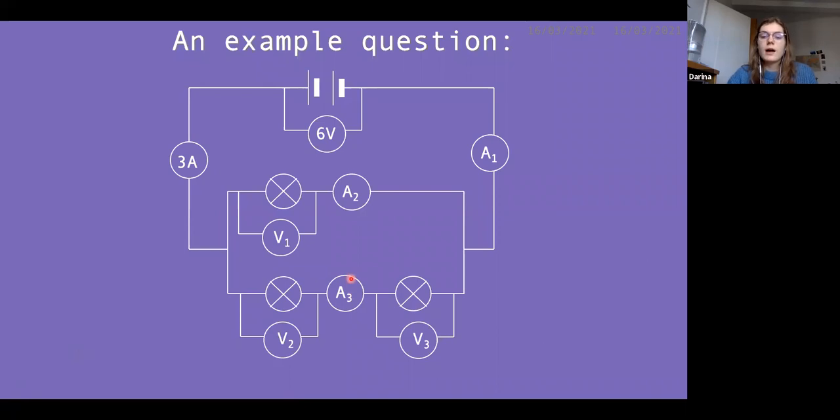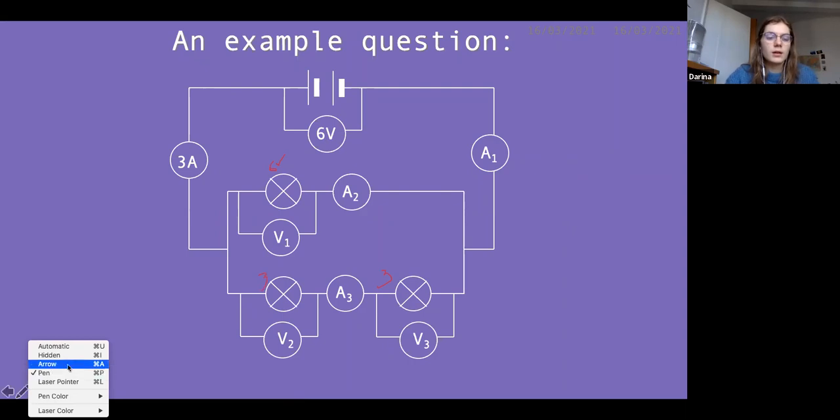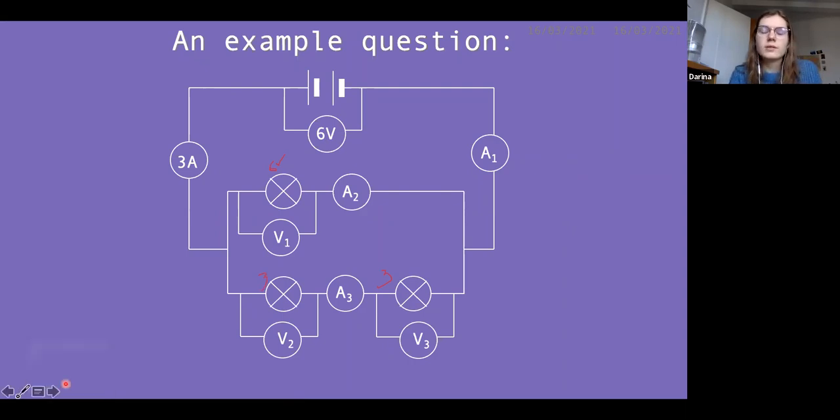Okay, perfect. Let's have a little look at the currents as well. So far, we've got the fact that this is 6 volts, and that this is 3 volts and 3 volts. How is A1 getting on there? How can we calculate the current there? Again, just half a minute to think about this.